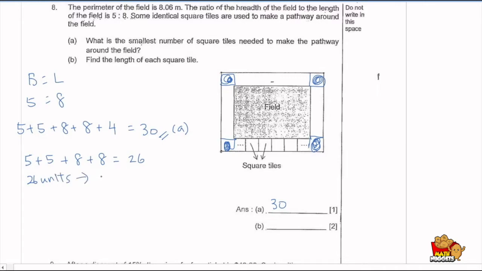So 26 units will be 8.06 meters. So 1 unit will be 8.06 divided by 26, which is equal to 0.31 meters. This would be the length of each tile.